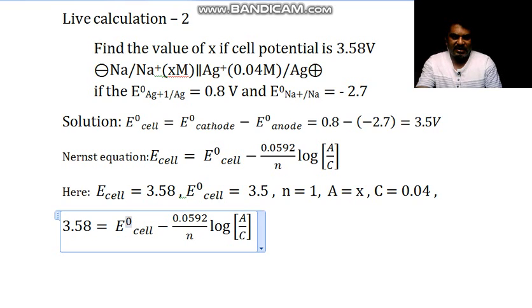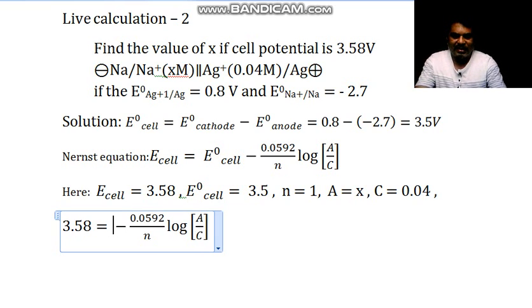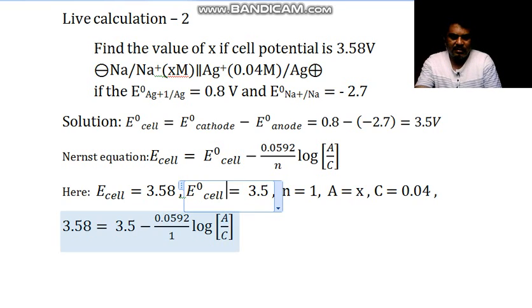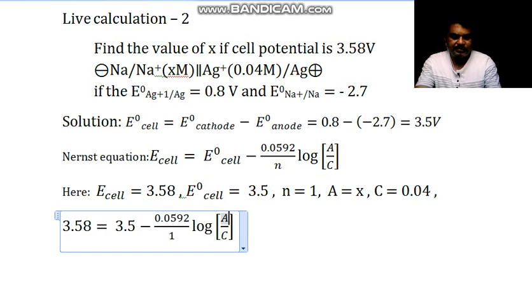We have just determined E degree cell, and there we can put 3.5. Here N is equal to 1, and in place of N we will write 1. Anode is x, so in place of anode I have written x, and the value below, the cathode, is nothing but 0.04.